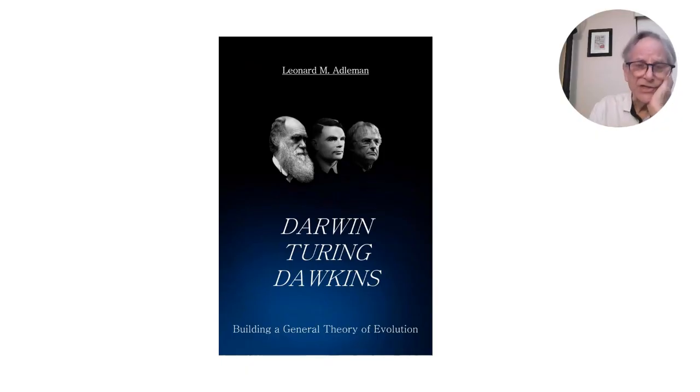Several things have changed since the video you just watched. The book has been written several times and now takes the form you see here. It's called Darwin, Turing, Dawkins, and it is available at my website, adelman.usc.edu.